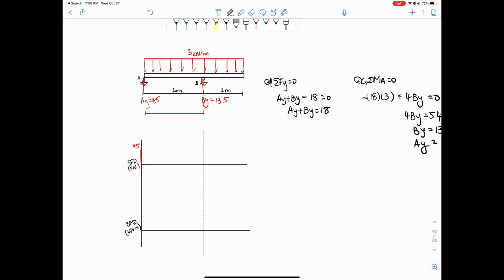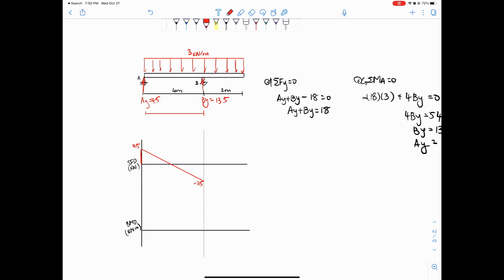So 4.5, so if it goes down by 12, right, that just means it's 4.5 minus 12 in total, and then that's equal to negative 7.5.